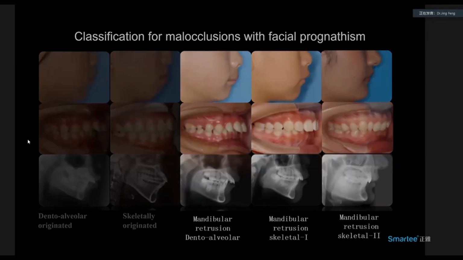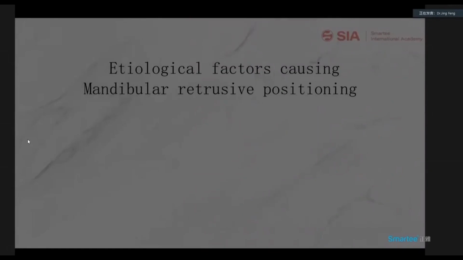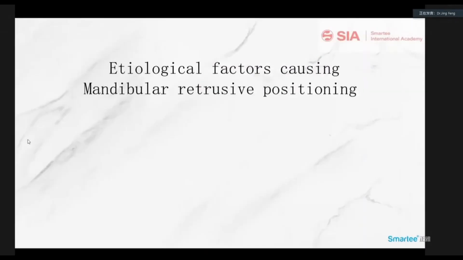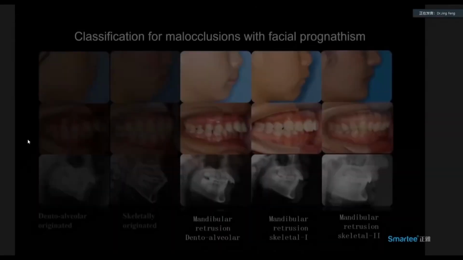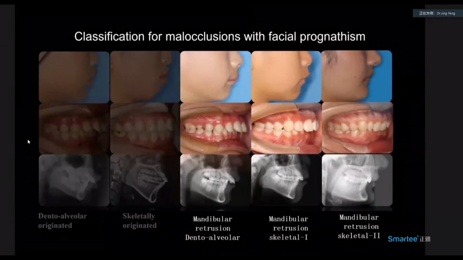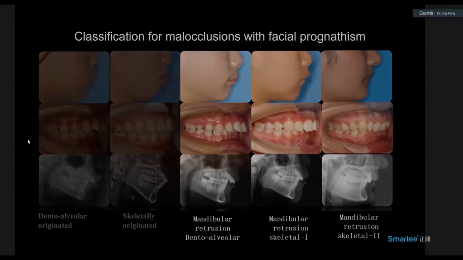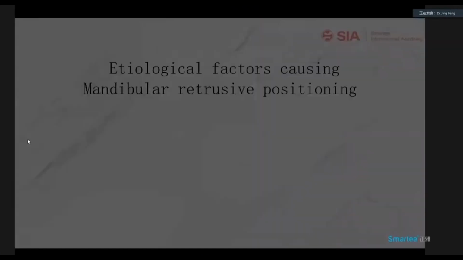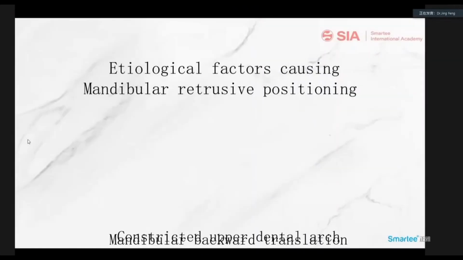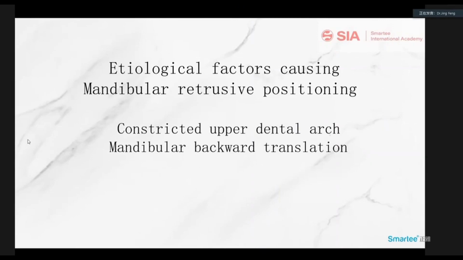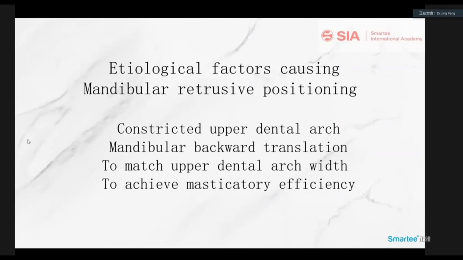The etiology factors causing mandibular retrusive positioning: why do all these 3 categories have the backward placed mandible? Because of the constricted upper dental arch, and the mandibular backward translation to match the upper dental arch width to achieve masticatory efficiency.